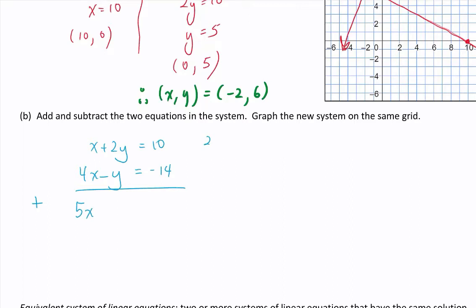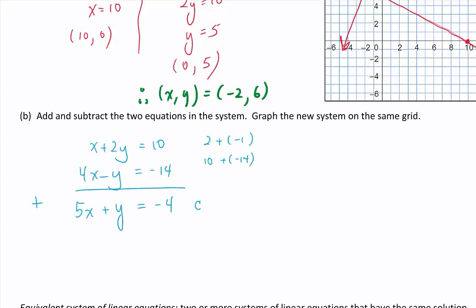If I have 2y plus a negative y, that's 2 minus 1, so that leaves me with 1y. And then we take 10 plus negative 14, or 10 minus 14, that is negative 4. I'm going to call that equation C for now.